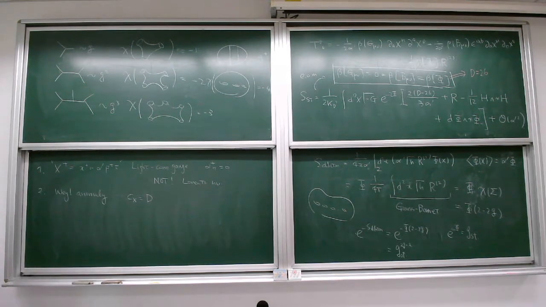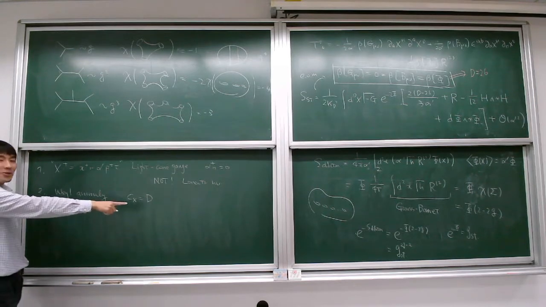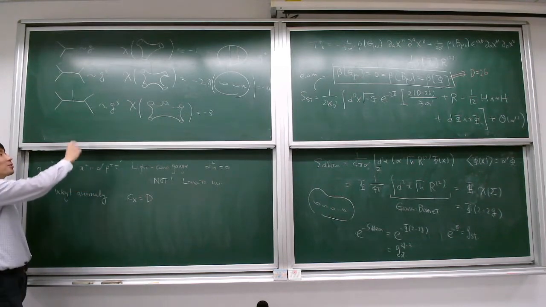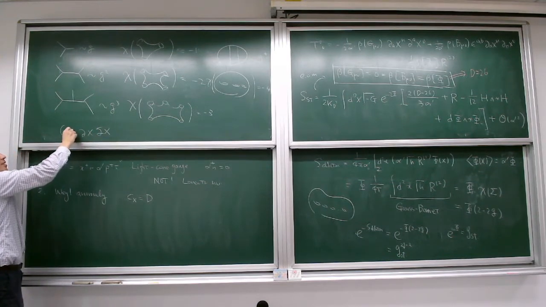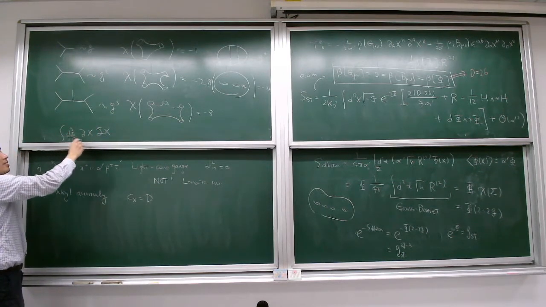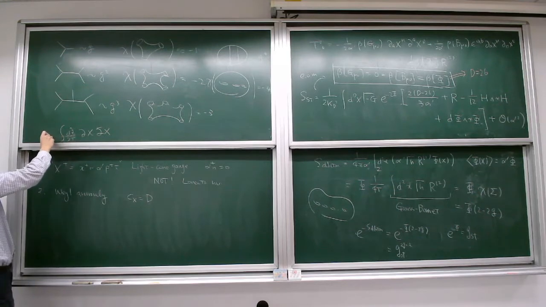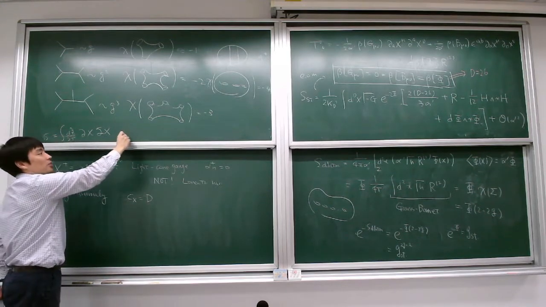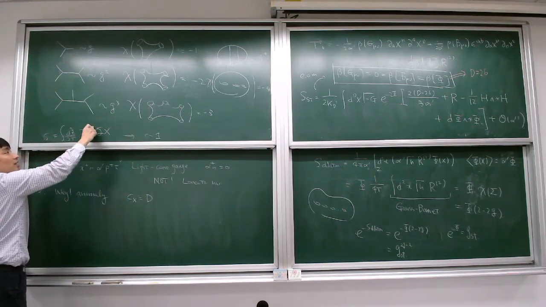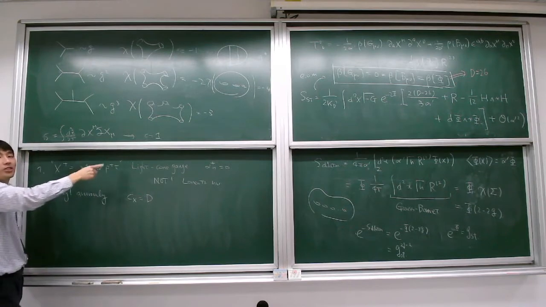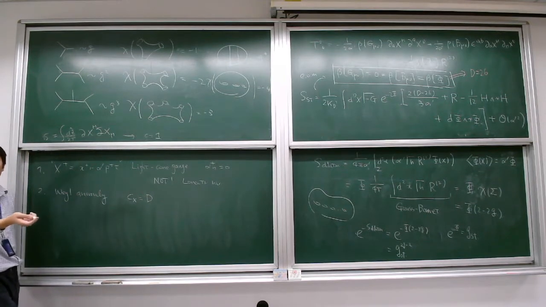Do you remember why c of X equals D? This is the usual 2D CFT, a free scalar theory, which gives central charge 1. If you add D dimensions, each dimension gives central charge 1, so it has to be D.